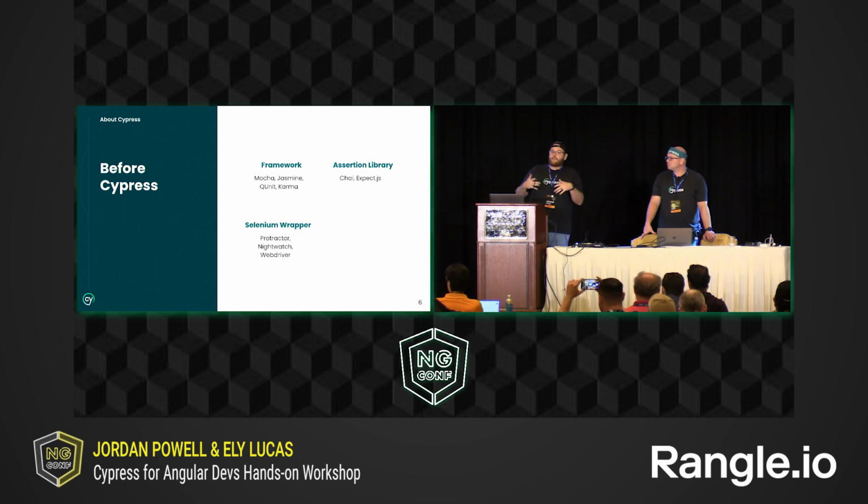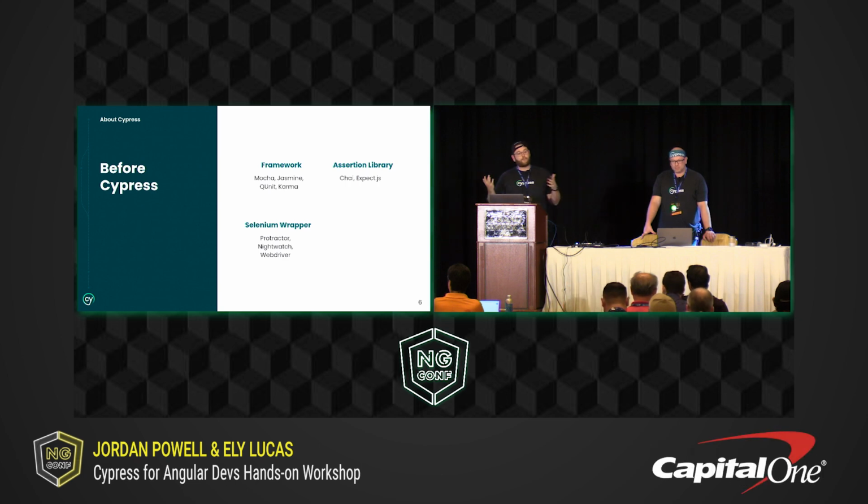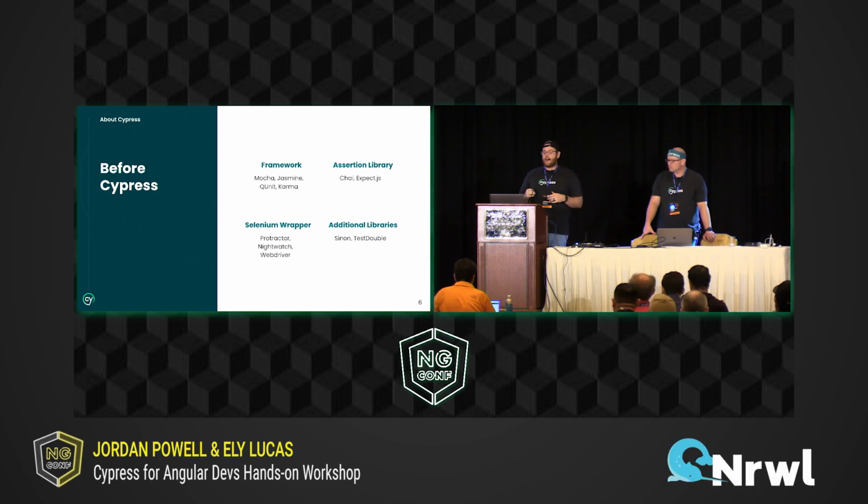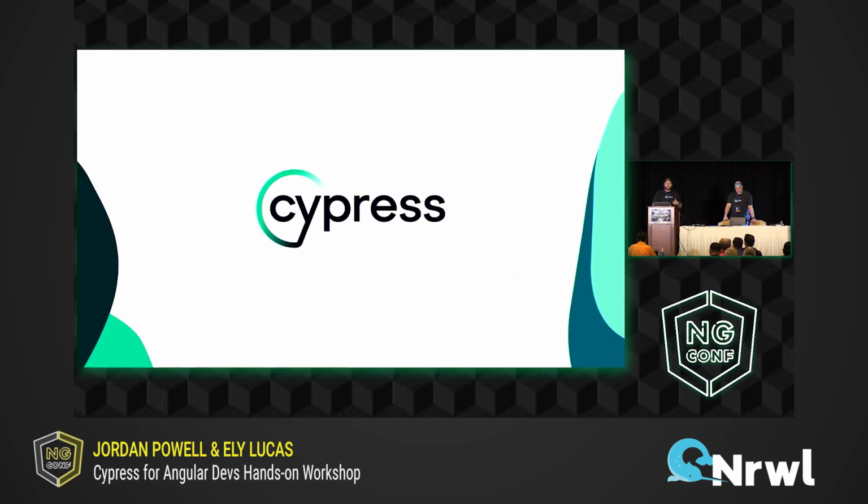So we're going to use Protractor, which maybe a lot of you have used before, or maybe Nightwatch or WebDriver, other popular Selenium wrappers. And then you may need some additional things like Sinon or test doubles, just to name a few of the decisions you had to make along the way. That's where Cypress came in, and we said, we want to tackle this problem.